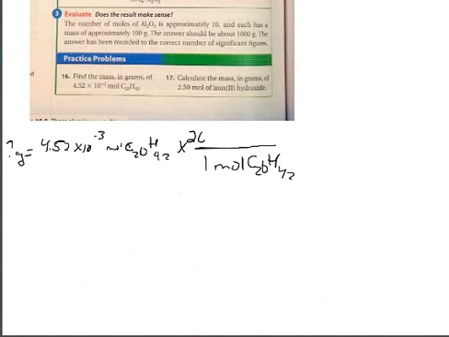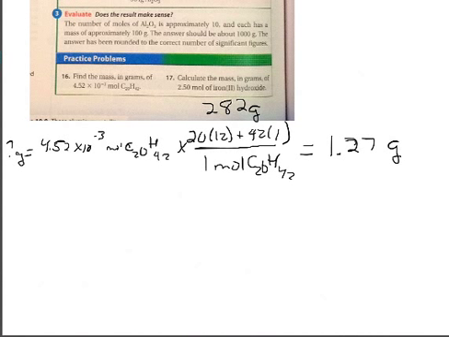So it'll be 20 times 12 plus 42 times 1. If we calculate that out, that should give us 282 grams. So 282 grams is its molar mass. If we take those two times each other, we should end up with 1.27 grams. That's for 16.